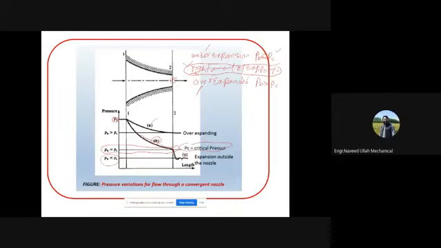So yes, it is decreasing, and it comes to the critical pressure here. But since PB is less than PC, it is obviously expanding more, so that it reaches the value of PB.